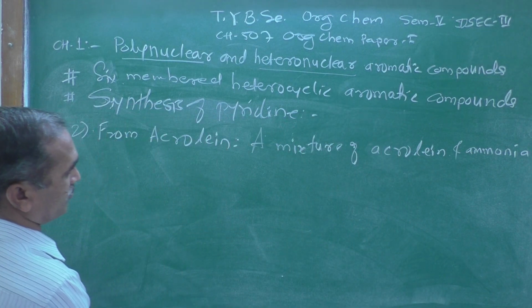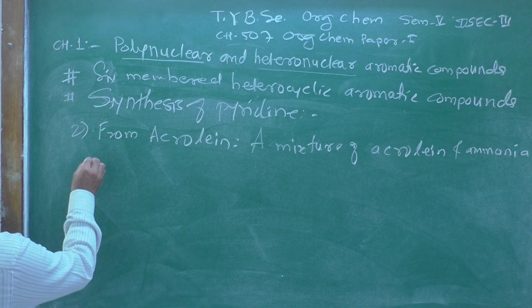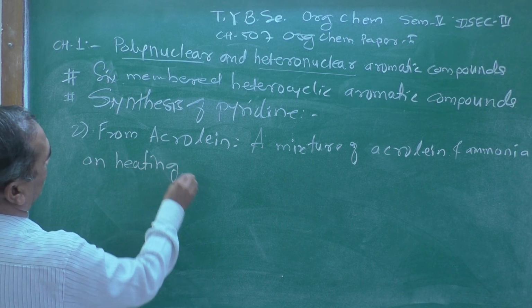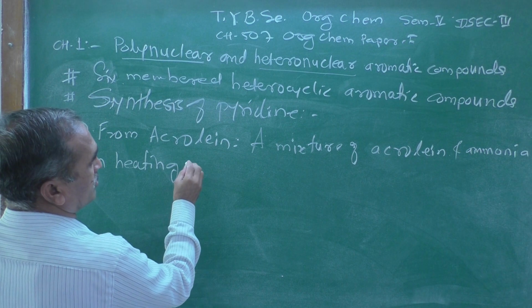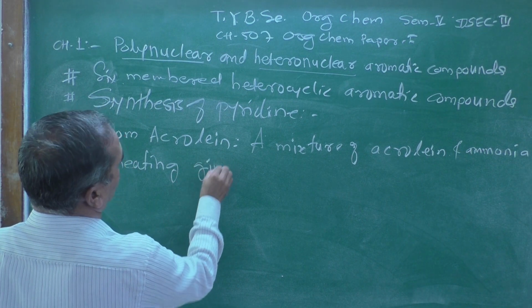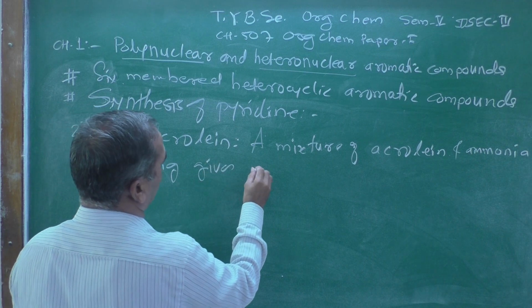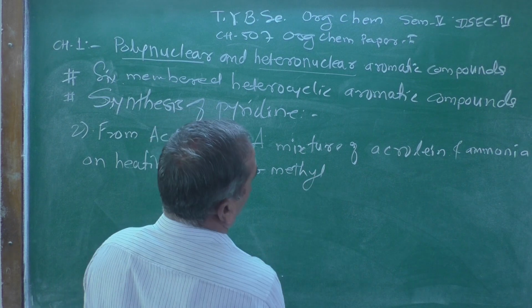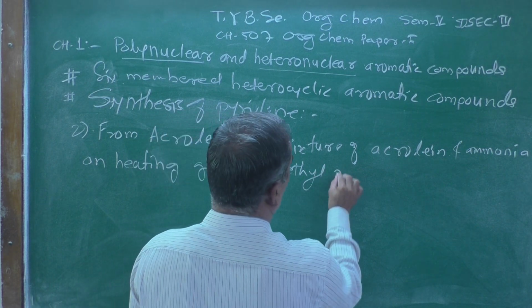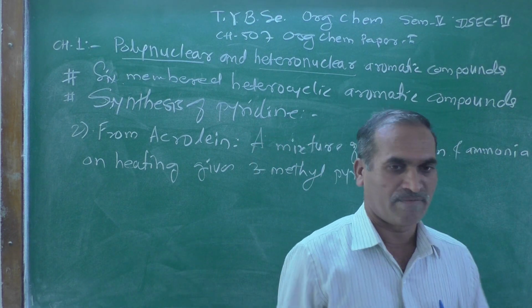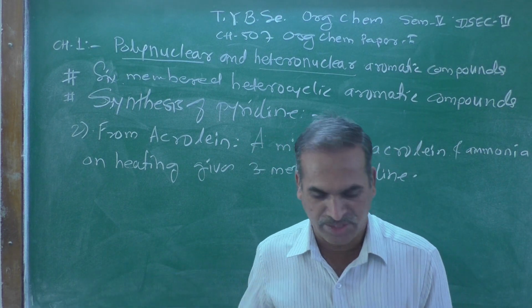A mixture of acrolein and ammonia on heating gives 3-methyl pyridine. It is one of the simplest and high yielding products.